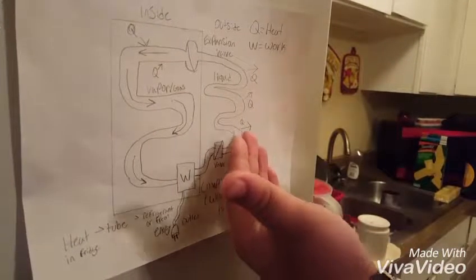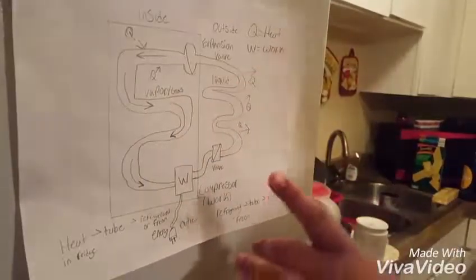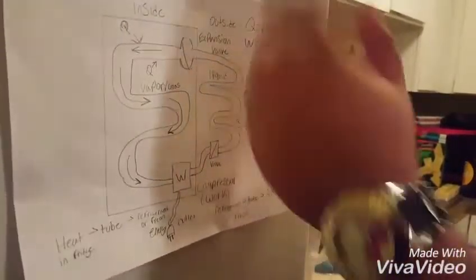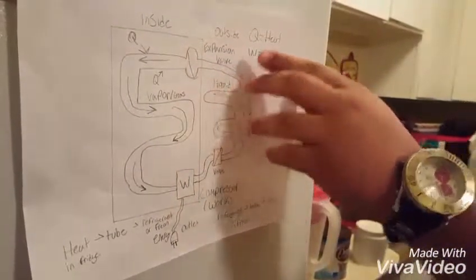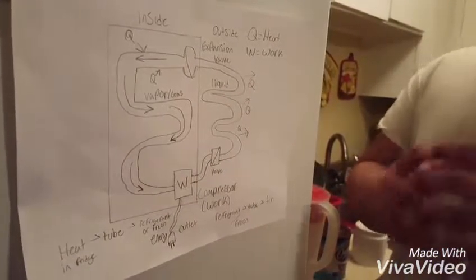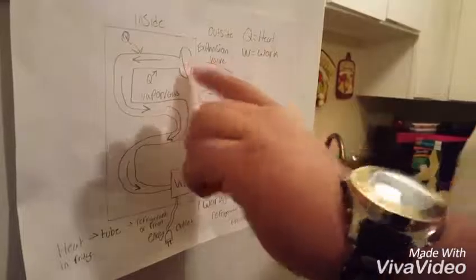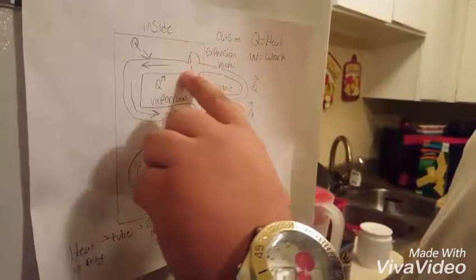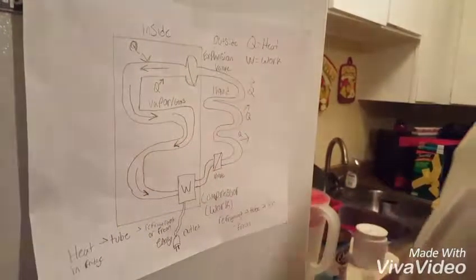So it travels up. This is a liquid, by the way. The liquid travels up and reaches the expansion valve. The expansion valve takes that liquid and expands it into gas, and that gas or vapor travels through the piping within the refrigerator.